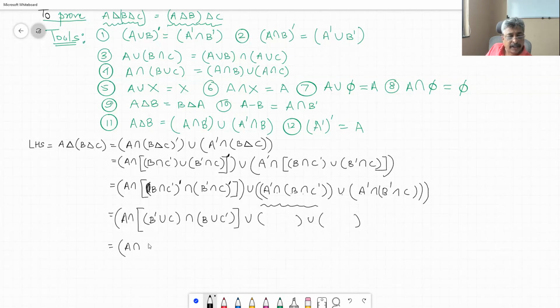So A intersection. Now this identity B complement union C intersection B. So this intersection B union this intersection C dash.